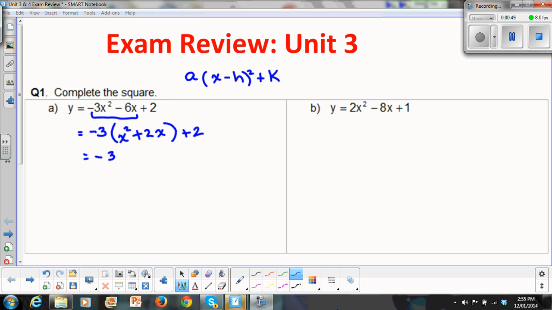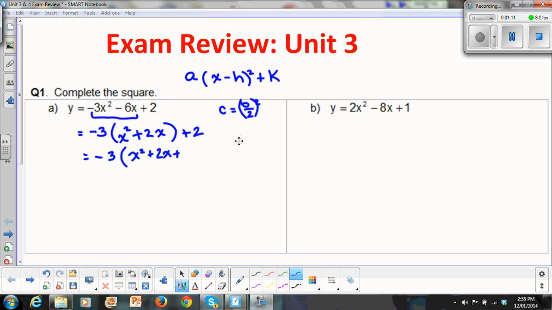With the two terms in brackets, we now want to see what will make it a perfect square trinomial. So what number do we need to add in here so that this perfectly factors? We call that the c value, which is found by doing the middle term b over 2 and then squaring it.